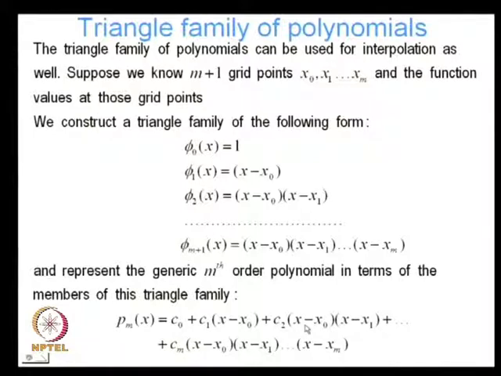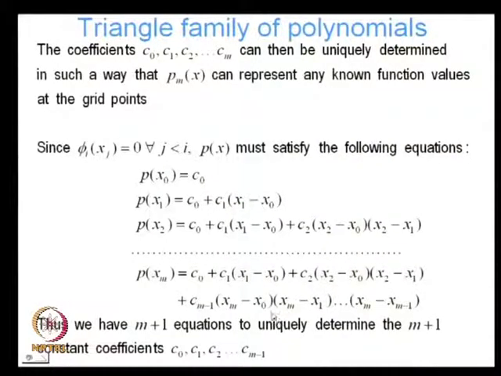At x2 you get c2 (x2 minus x0)(x2 minus x1) plus those terms, and so on and so forth. So using this, we have m plus 1 equations to determine my m plus 1 unknown coefficients c0 through cm, and I can use this to determine my coefficients and fit the polynomial, right.